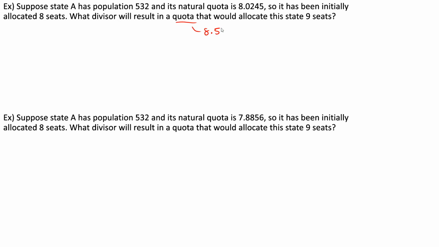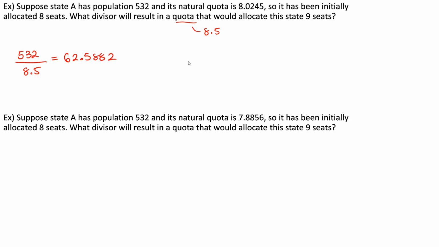So a quota of 8.5 would be good enough. We want to find a divisor that's going to get us a quota of 8.5. So if we take 532, our population, divided by 8.5, which is the quota that would get us the number of seats we want, this tells us a divisor of 62.5882 would get us a quota of 8.5.